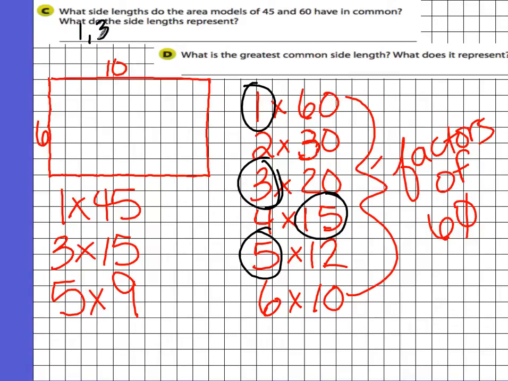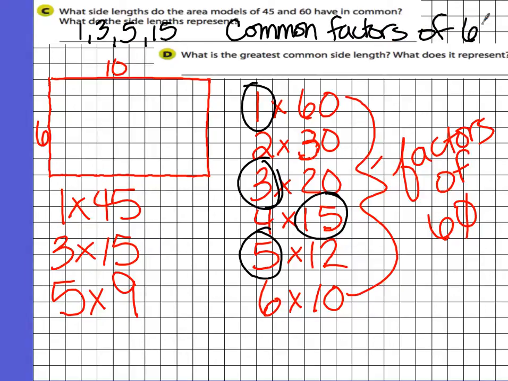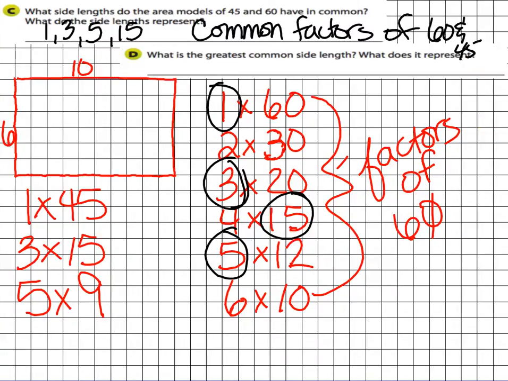So 1, 3, 5, and 15. Okay, what do these numbers all represent? These are all common factors of 60 and 45.